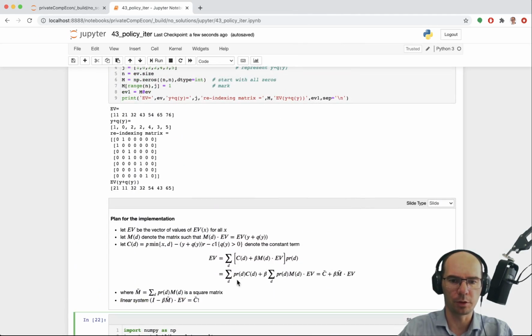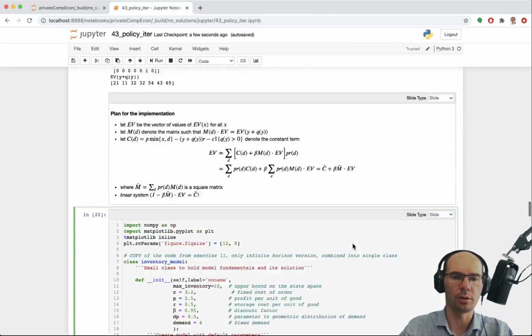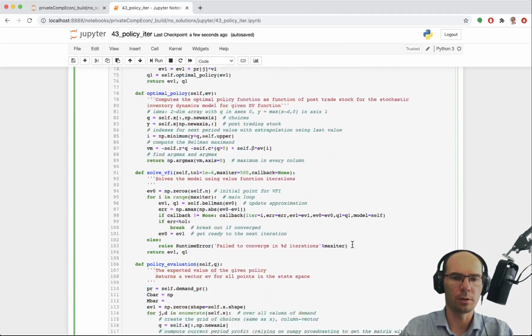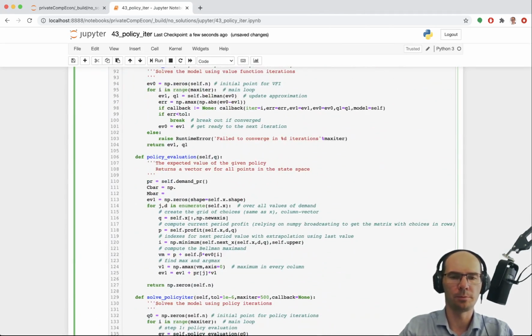Both of these functions are given as a weighted sum. So let's initialize them with 0 matrices. Self n, comma self n. We don't need this.